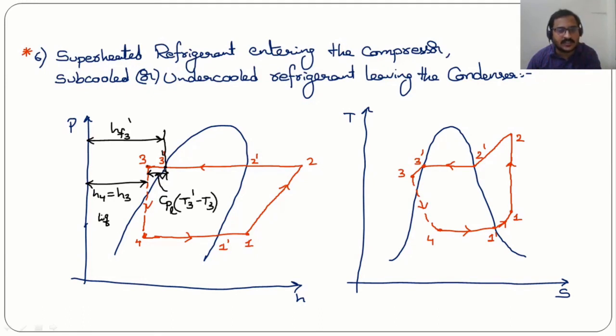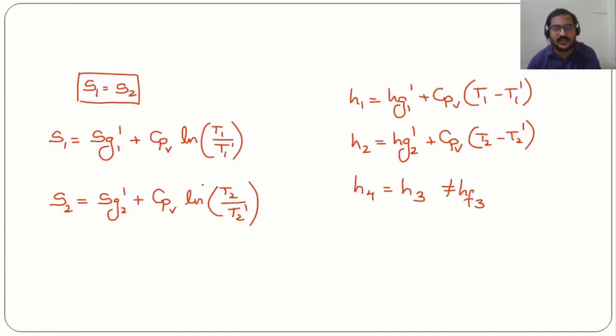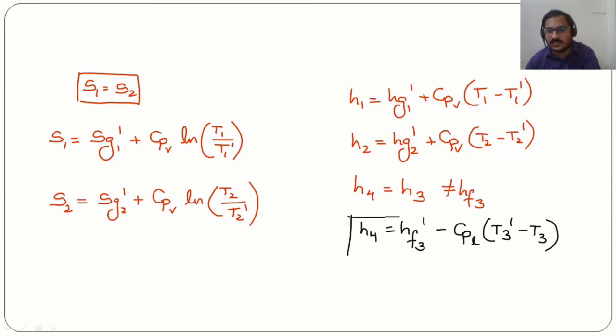So the temperature is decreasing from T3' to T3. So therefore CPL into (T3' minus T3) we need to consider. So H4 is equal to H3, which is equal to HF3' minus specific heat of the liquid refrigerant into (T3' minus T3). This will give us the value of H4 in this particular case.